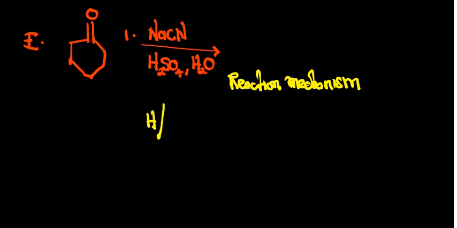This will split, and then we're still going to have the HSO4. This proton is positively charged, and then we're going to have an attack from the carbon, attacking the hydrogen.